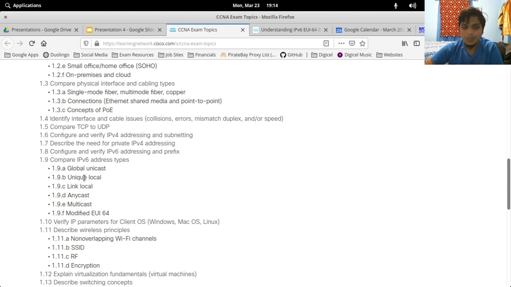They just want you to be able to compare the differences between them. So that's what I tried to cover there. I know it seemed like a lot, but this is what Cisco asked us to do here. So you should be able to understand just the basics of each of these things and be able to look at an address and, based on the start of it, identify what type of address it is.